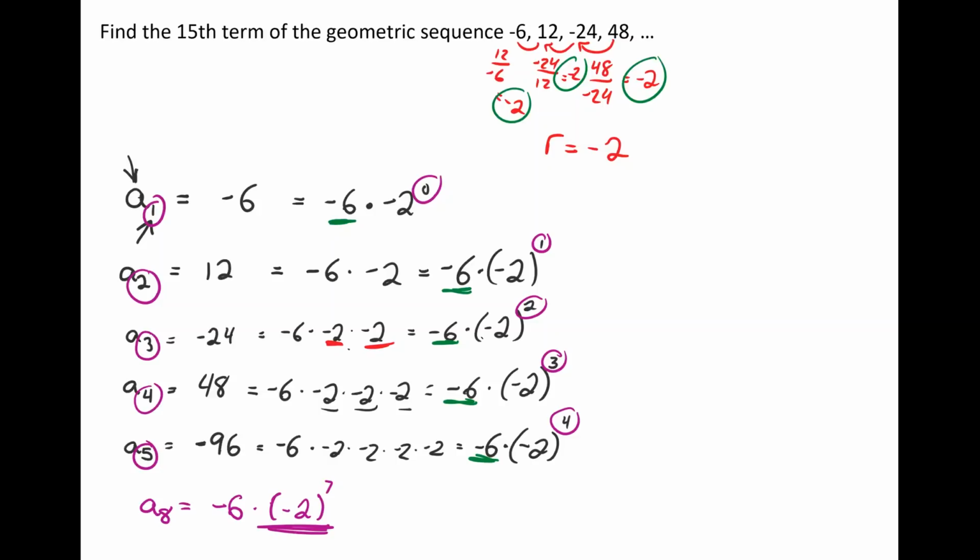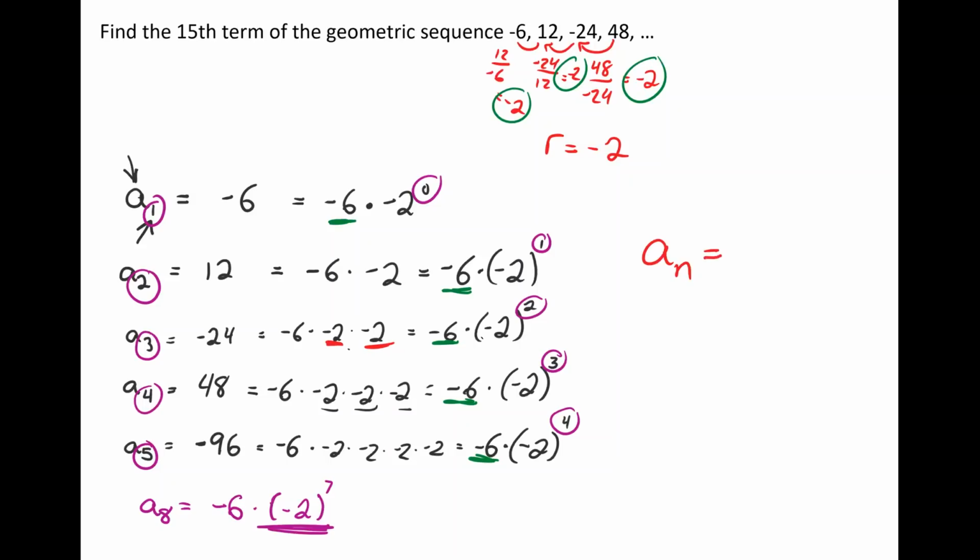Okay, taking a look now, I'm going to write a rule where I'm going to say what is a sub n. When I say a sub n, I'm saying I'm trying to find the nth term in my sequence. It's a way to talk generally about some random term in my sequence. A sub n, so what is that term?